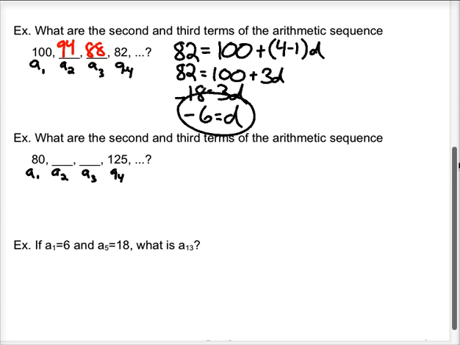So let's plug everything in to see how this plays out. So A4 is 125. And that equals A1, which is 80, plus n minus 1. Well, 4 minus 1 times D.